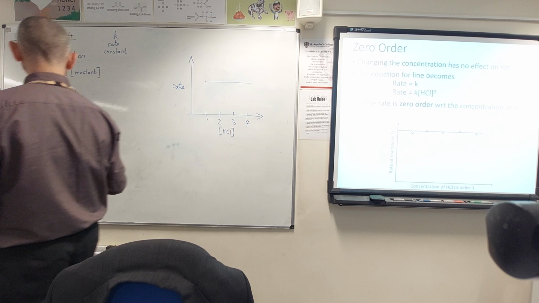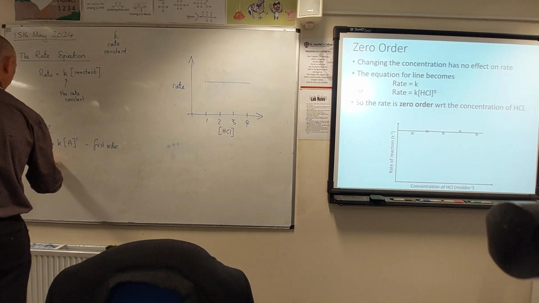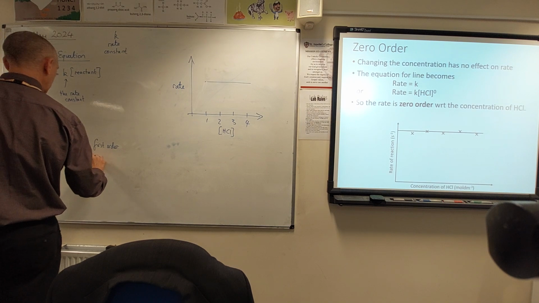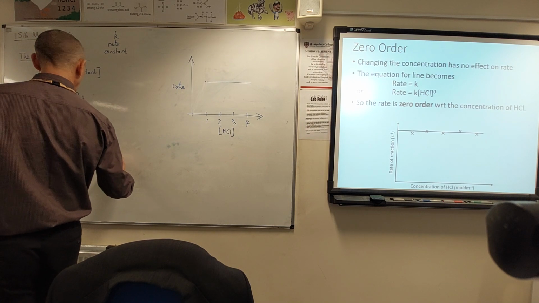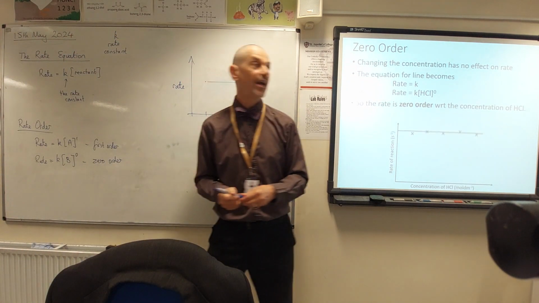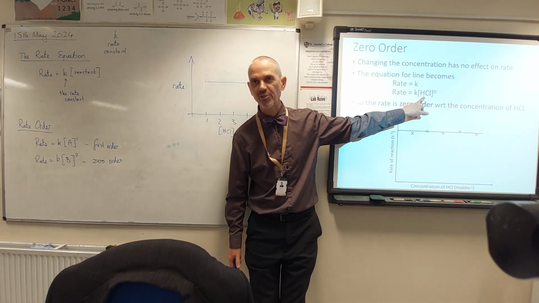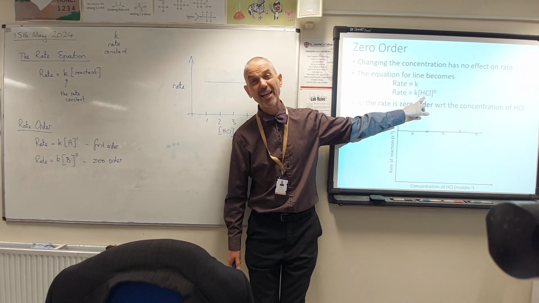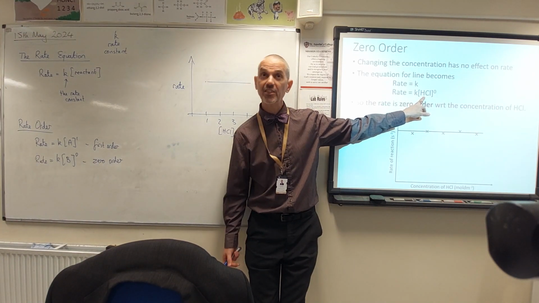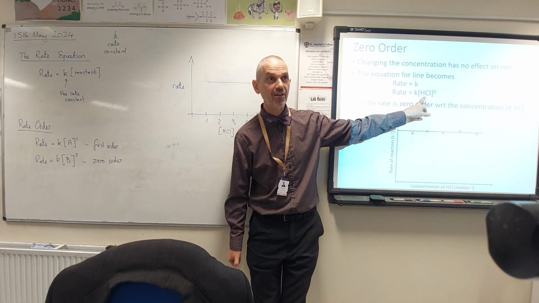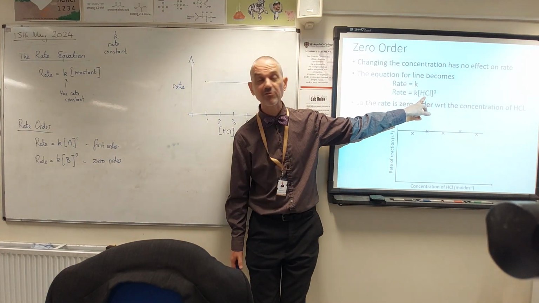So we have a change in concentration having zero effect on the rate. Well, anything to the power 0 is just 1. So if I raise HCl to the power of 0, it basically disappears from the rate equation.